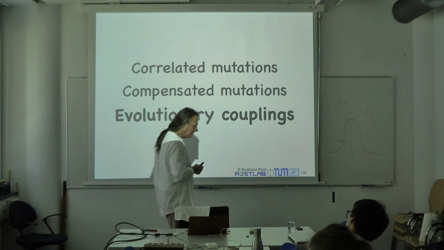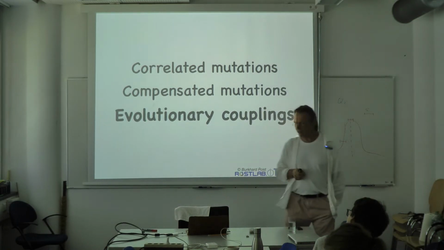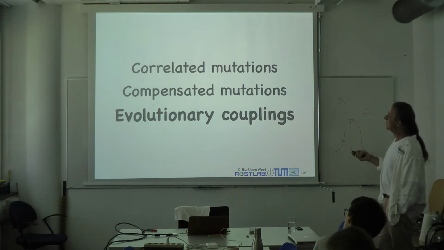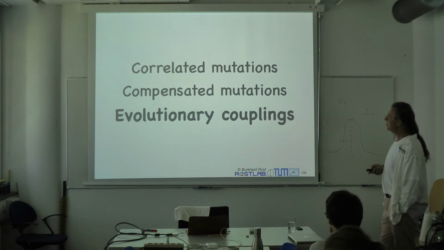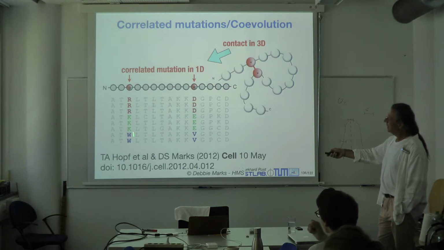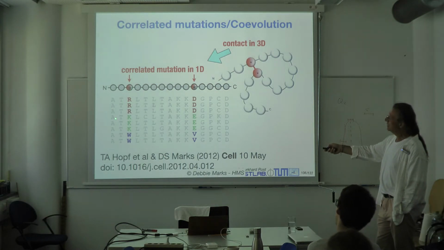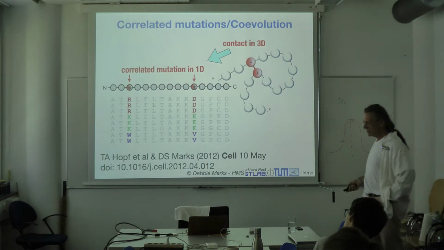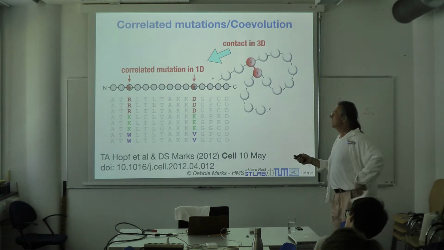So for long-range contact prediction, the major tool that people have been using for many years has originally been called correlated mutations or compensated mutations. Today some call it evolutionary couplings. The idea is always the same: you look at a sequence alignment. Here we have 8 organisms aligned, and that goes back to something that Debbie Marks published first.